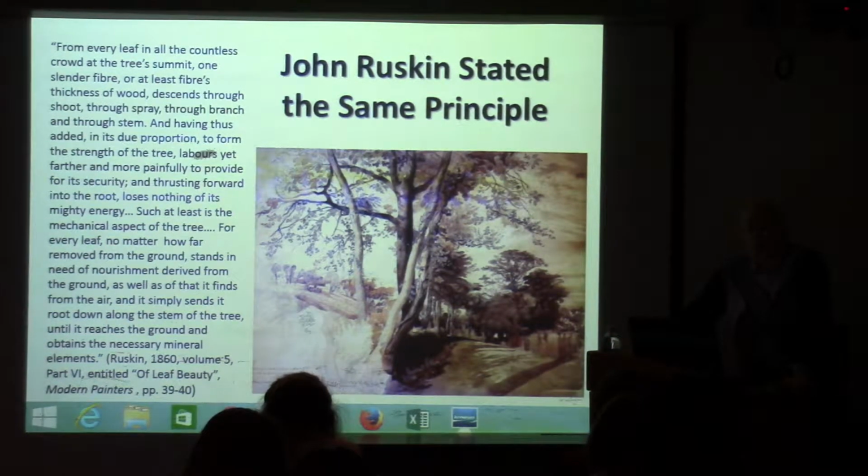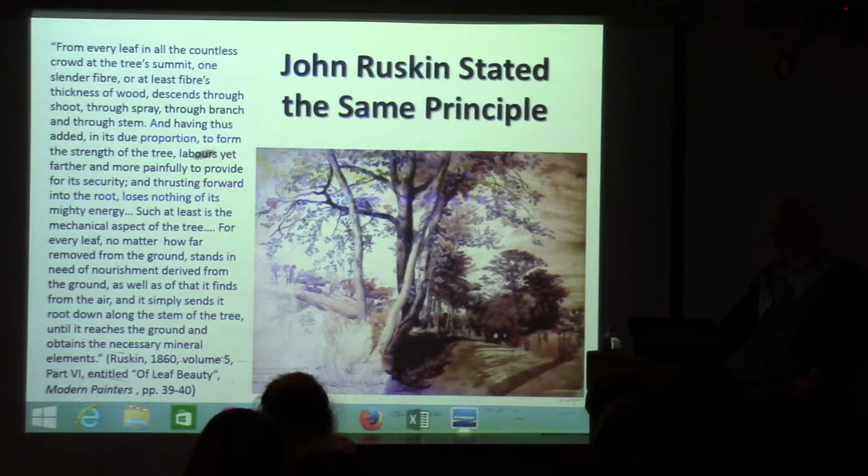So these are 2 artists writing for artists, coming up with a very general principle about the way that nature works. Leonardo made a very nice analogy to water courses, that rivers develop their shapes in the same way.